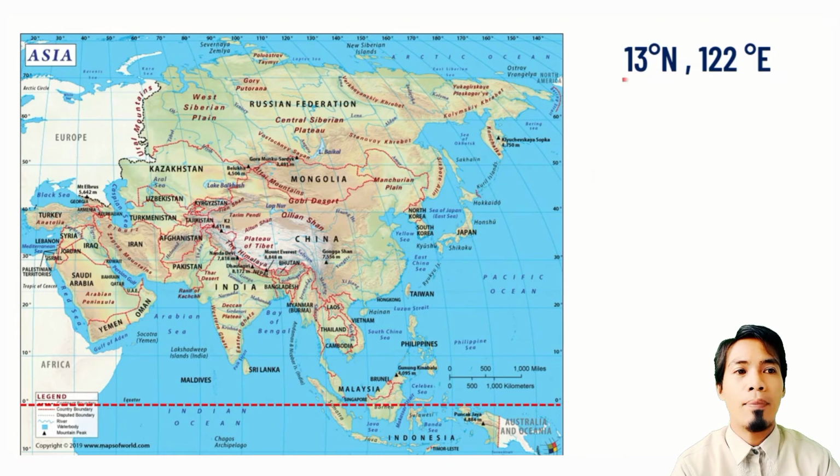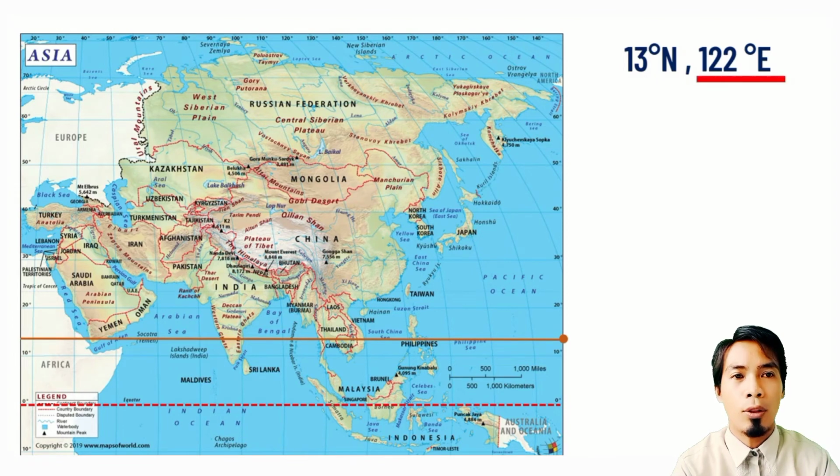The first step is to find the location of the latitude, which is 13 degrees north. Here is the location of 13 degrees north. Then, we will draw a horizontal line. The second step is to find the longitude, which is 122 degrees east. Here is the location of 122 degrees east.